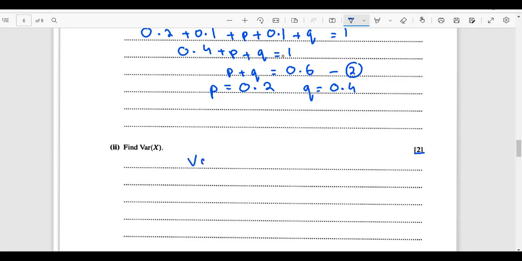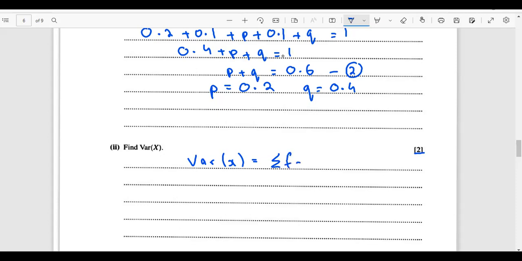So you can write it this way: variance of x is equal to. Now this is variance, not standard deviation, so I would not be writing down that square root. Let's talk about the frequency first. It's good that you learn one formula and you would be able to use that again.